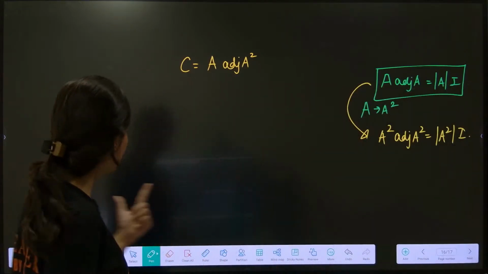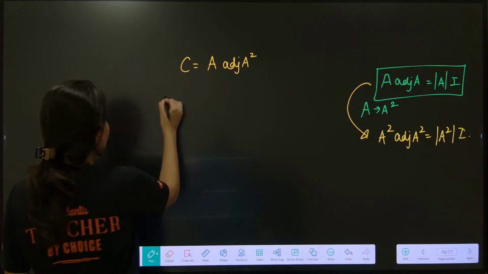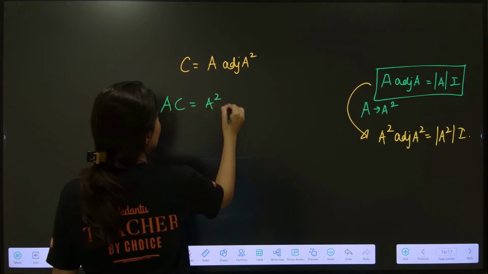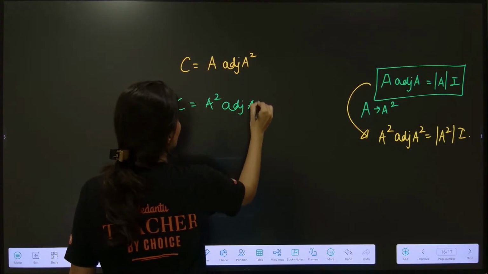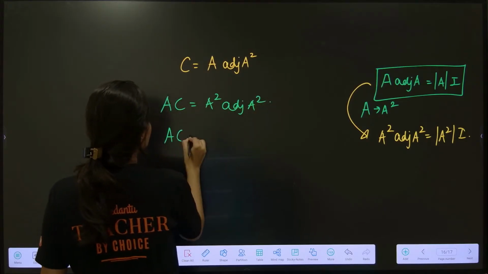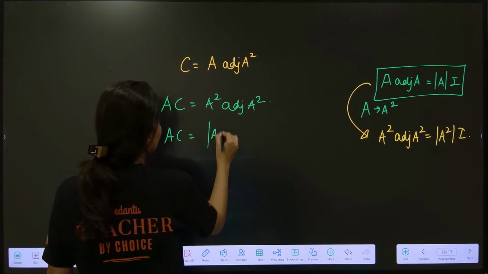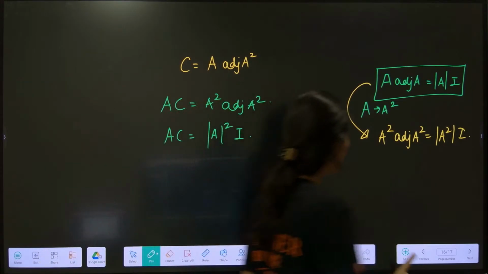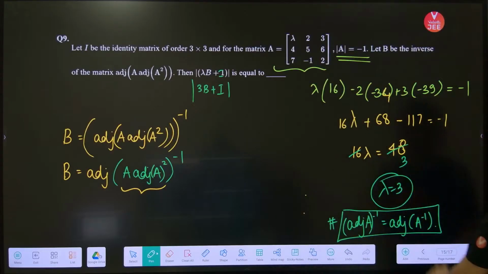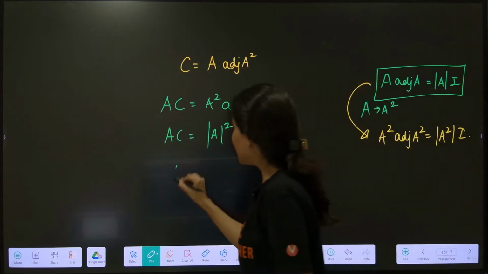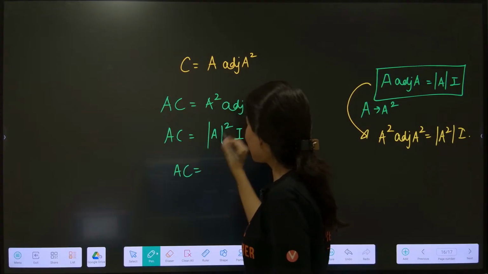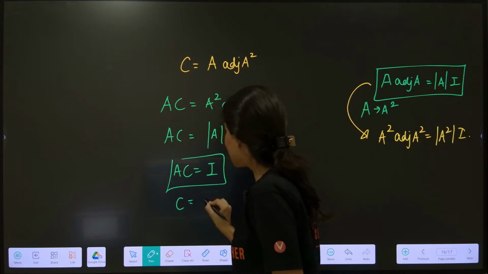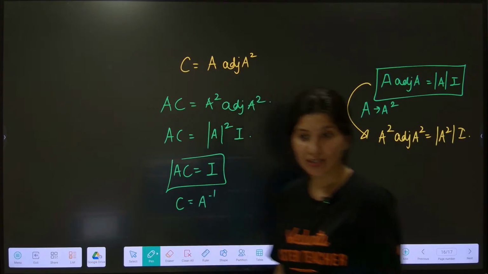So I am going to multiply A on both sides. AC is equal to A square adjoint A square, and that is equal to determinant A square times I. And you already know determinant A is -1. So AC is equal to (-1) square, so AC is equal to I. So C matrix is nothing but A inverse.